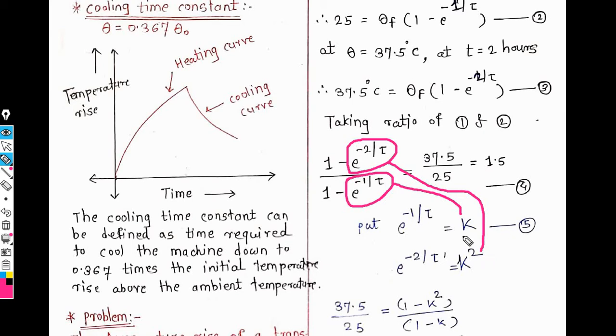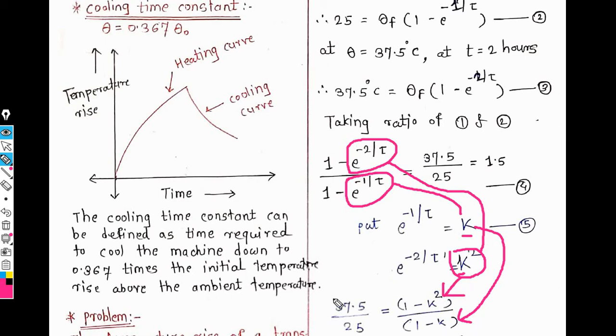Now these both values are put in this equation, then we obtain the equation 37.5 upon 25 into bracket 1 minus e raised to minus 2 upon tau, put k square. Then e raised to minus 1 upon tau, put k. Putting both values in both equations, we obtain 37.5 upon 25 is equal to 1 minus k square upon 1 minus k.